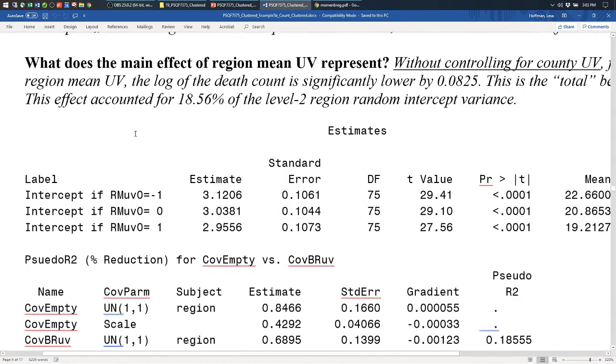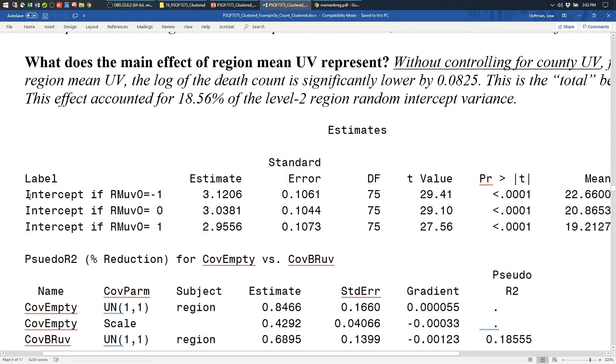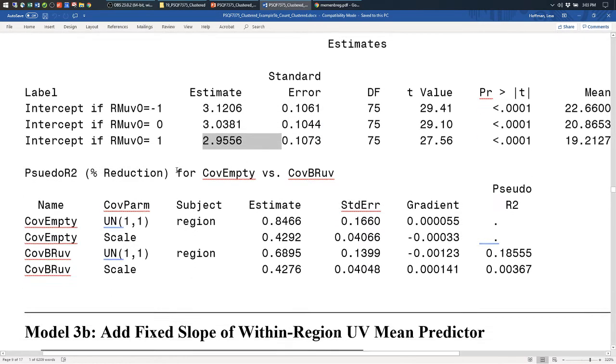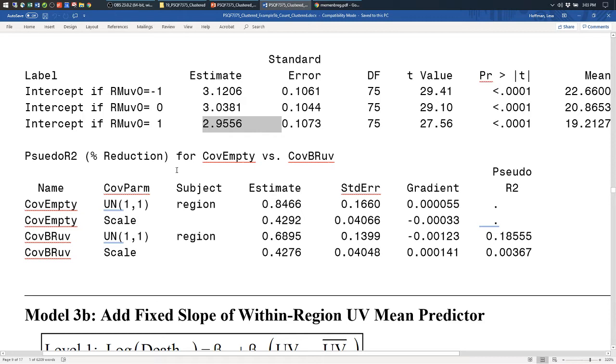So I asked for predicted log death counts. So here's what it would be. It goes up by 0.08 for -1. Then it goes down by 0.08, down by 0.08. So the difference in log count for regions that change in 1 unit is equidistant. It's the 0.08, 0.08, 0.08.